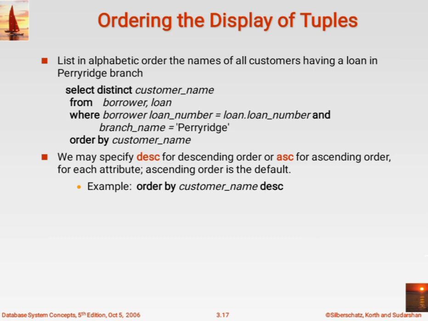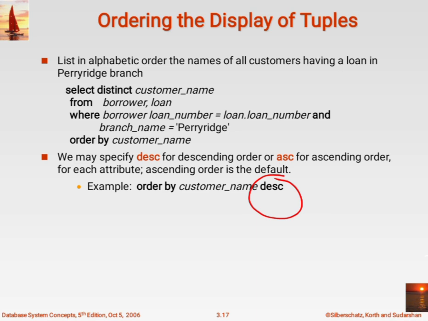Then the order by clause is used for ordering or sorting the data in either ascending or descending order. By default, if I write order by customer name only, it will sort the customer name in ascending order. But if I write DESC here, then it will sort the customer name in descending order.